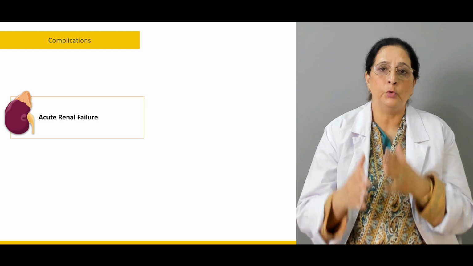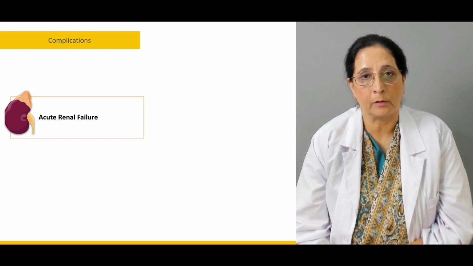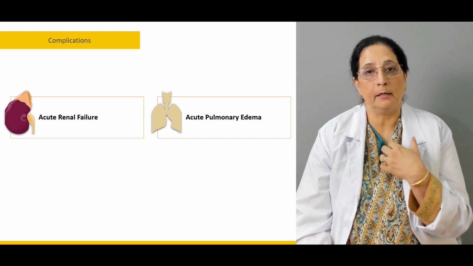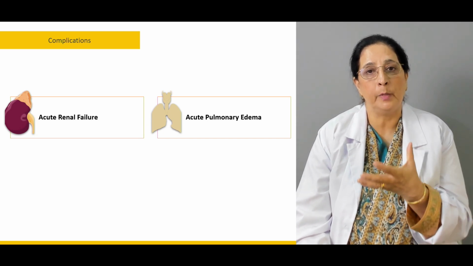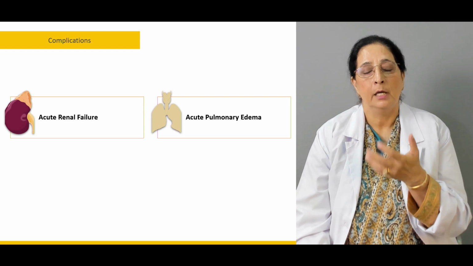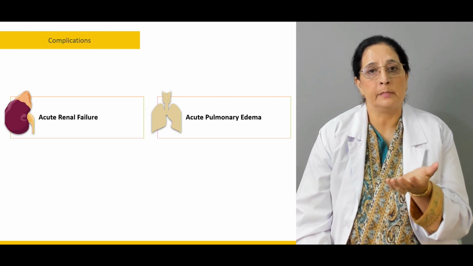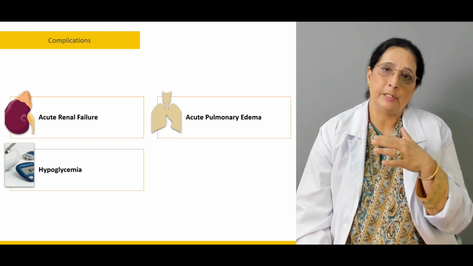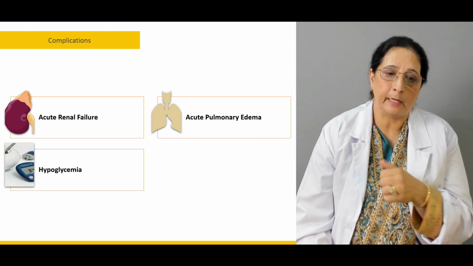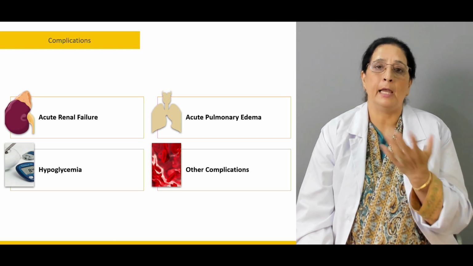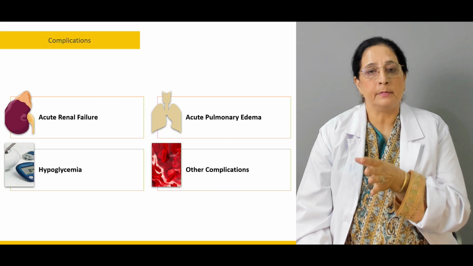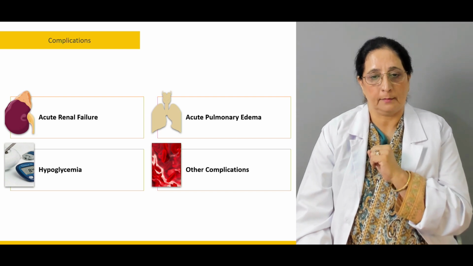Acute pulmonary edema, there is fluid in the lungs that causes shortness of breath and respiratory failure. Hypoglycemia, decreased blood glucose level can occur, and then we also have some other major complications besides these.